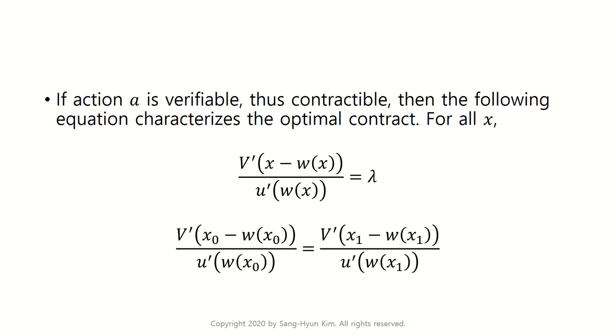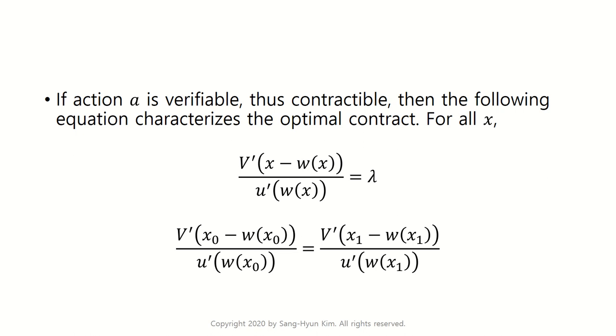So the first observation on this equation is that the ratio of the marginal utilities must remain the same regardless of the realized value of x.